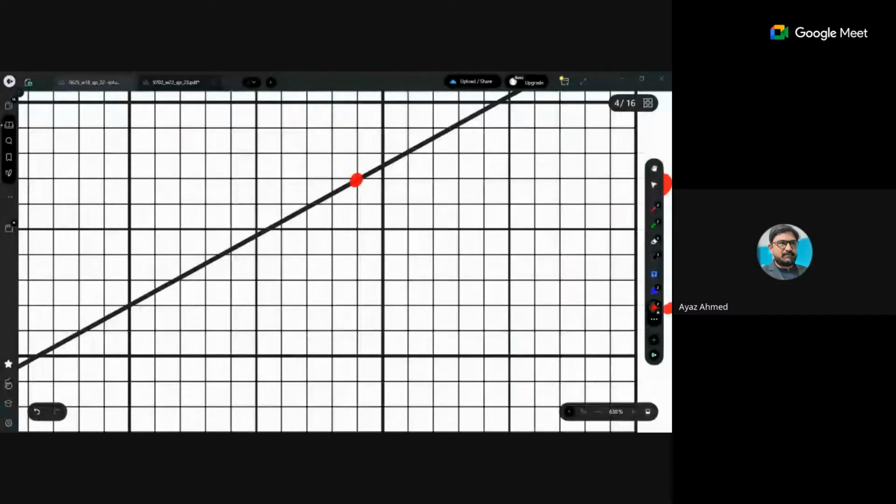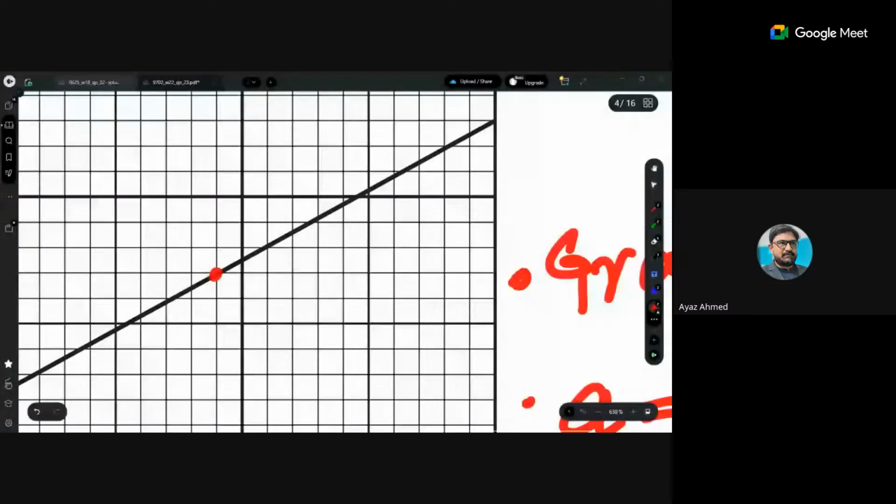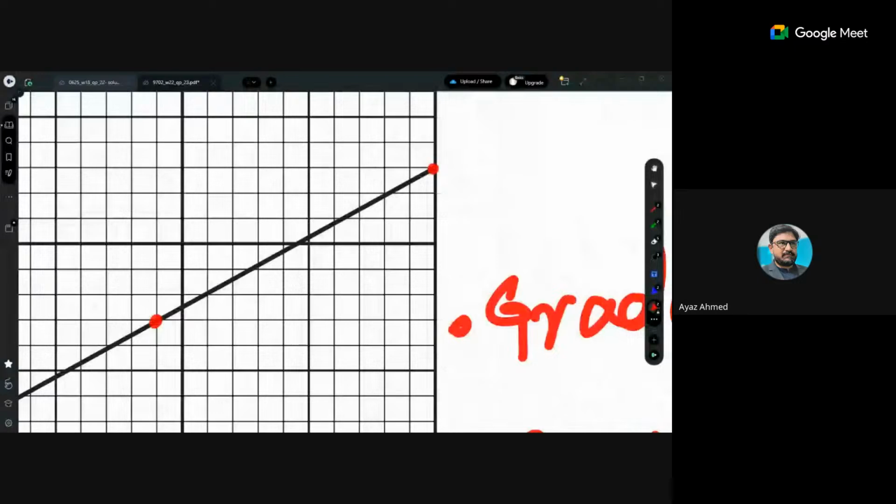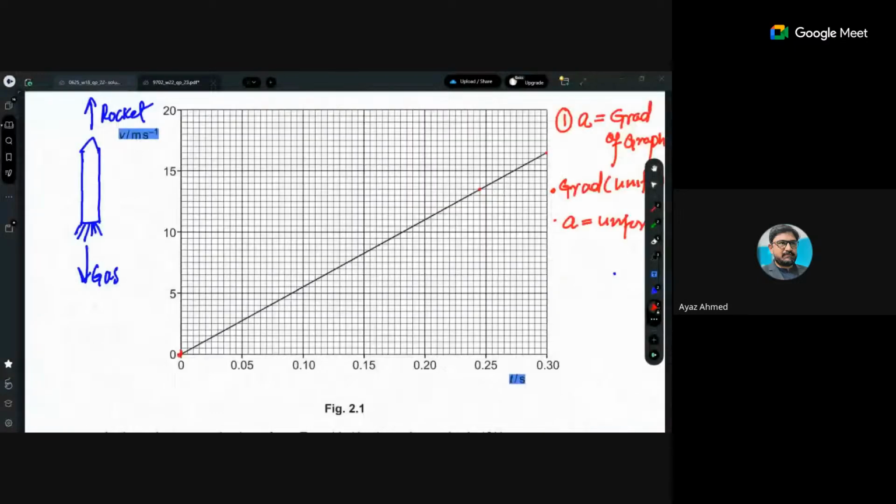Then you have this point. Yes, these are the 2 points जिनको आप consider कर सकते हो. Other points can be, yes, this can be a point which can be considered for the gradient. तो ज्यादा अच्छा ये होता है कि you have to take that point which gives you a large number or large area of the gradient grids.